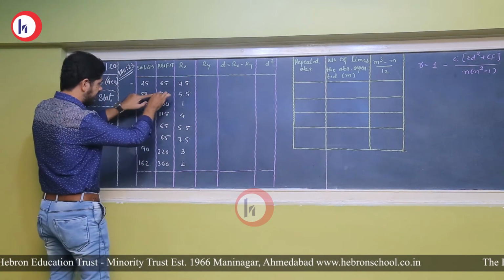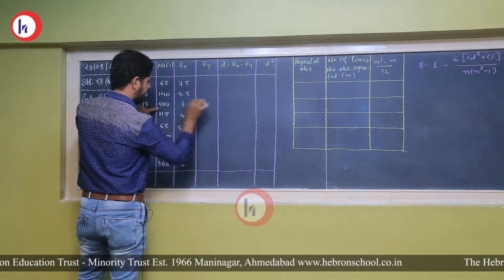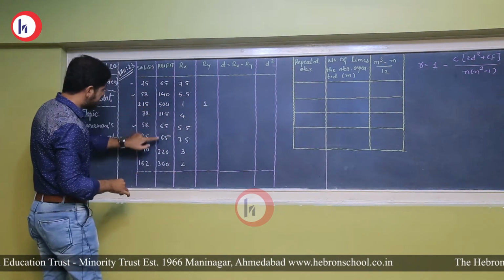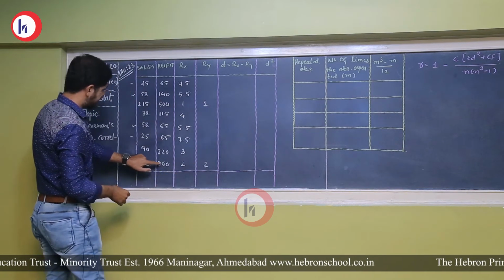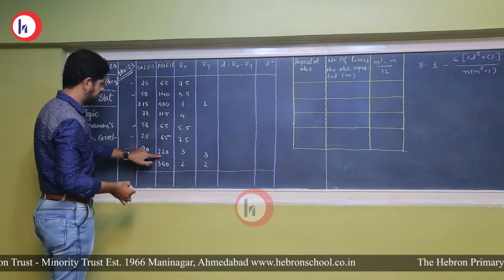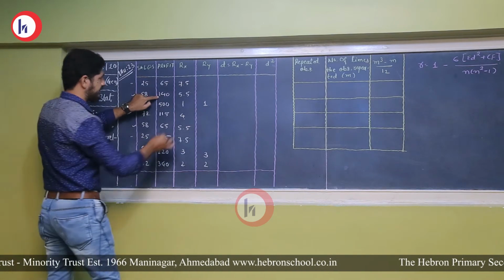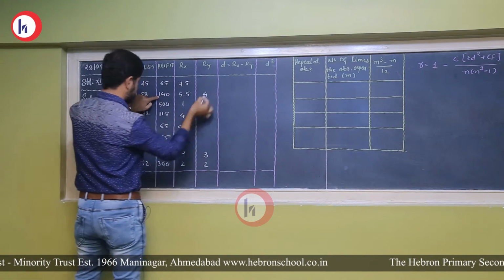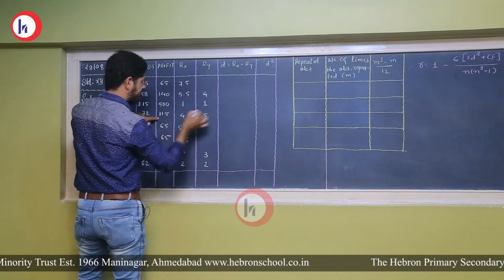Now it's the turn of rank Y. So the highest number is 500, we will give the first rank. Then 340, it is second. Then 220, it is third. Then 140, it is fourth. 115, number 5.